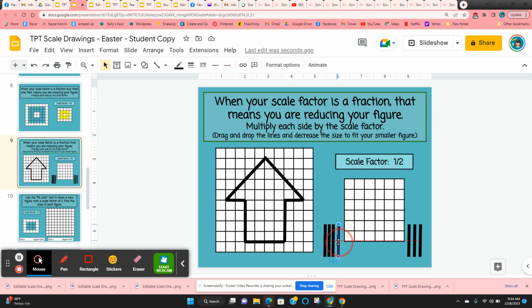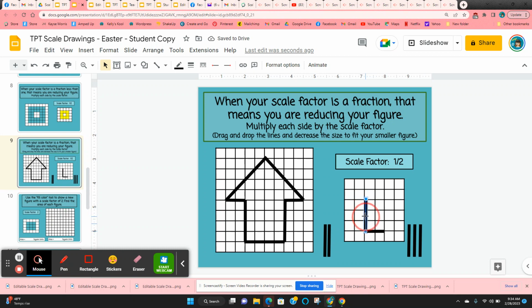They're going to take these bars, and they have to learn how to move these. They've got little blue circles on each end, and they can move them where they like. For this bottom measurement, it's 4 on the larger figure, so it will be 2 on the smaller figure. With these blue circles, they can make it longer, shorter, move it to where they want.